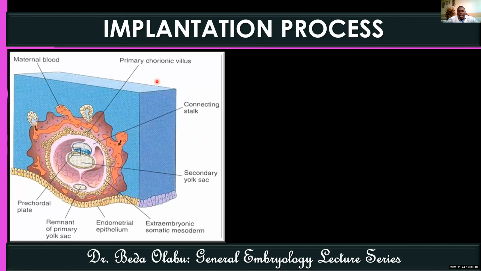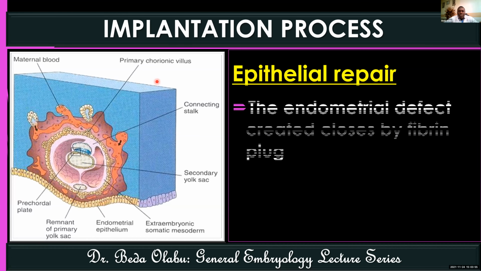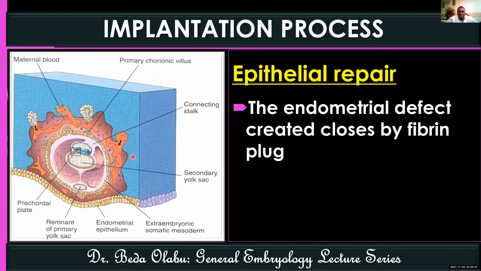Now remember that the blastocyst created a defect on the endometrium when it was burrowing. That defect that it created needed to be repaired. And so that's the last step during implantation: the defect that was created now repairs itself.